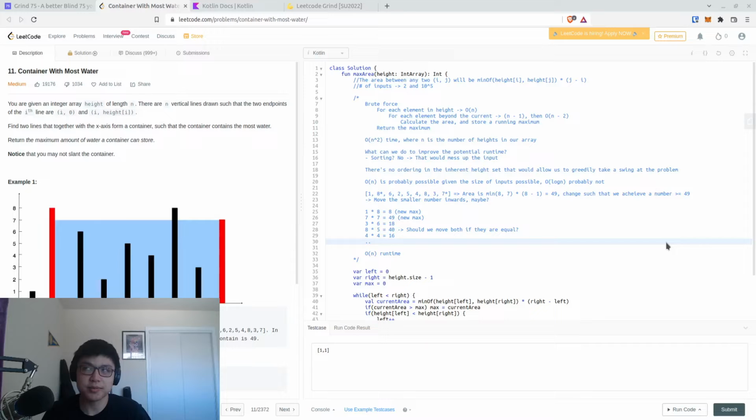But we moved the smaller one. I guess to a certain extent that's still the greedy way to do it, right? Because we keep our maximum, so we're saying, okay, this is the current theoretical maximum. We compare against this, and if we find a better maximum, then we compare against that instead.